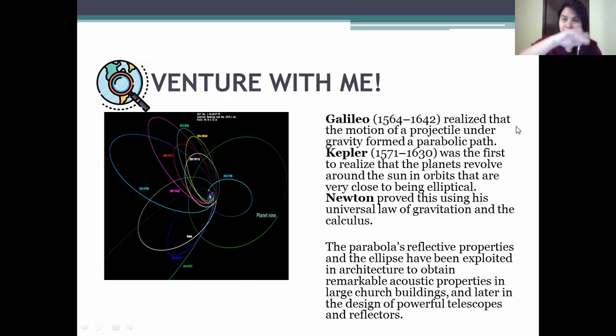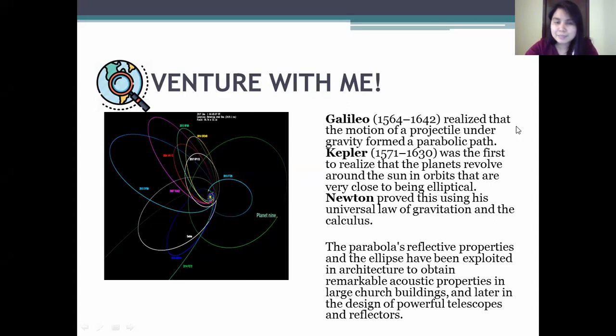You see, the parabola looks like this one. It could go up or it could go down. And Kepler also noticed that the planets do not move in perfect circles, but they move in an orbit that is elliptical. And so these conic sections, the parabola, hyperbola, ellipse, and circle, were studied.